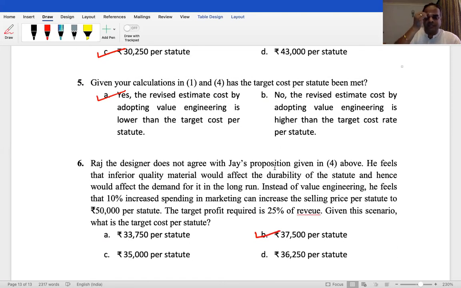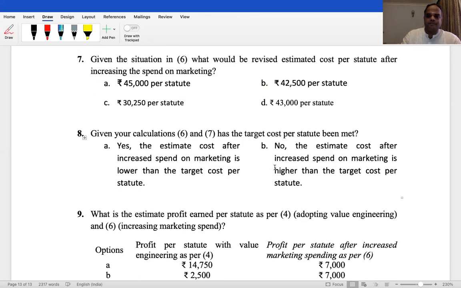After increasing 10% in cost, how much per statue? Total cost is how much? 85 lakhs plus 1 lakh, 86 lakhs. Am I right? Divided by 200 units. Yes. So 43,000 per statue.